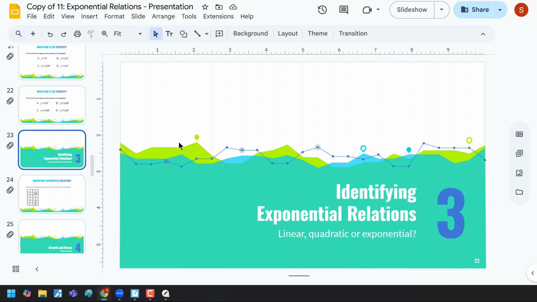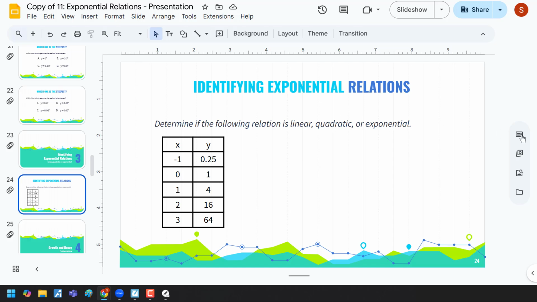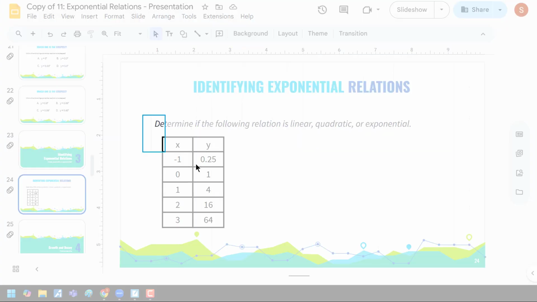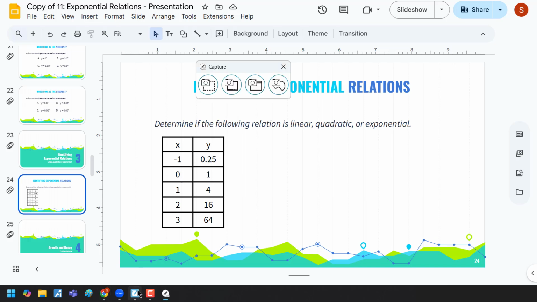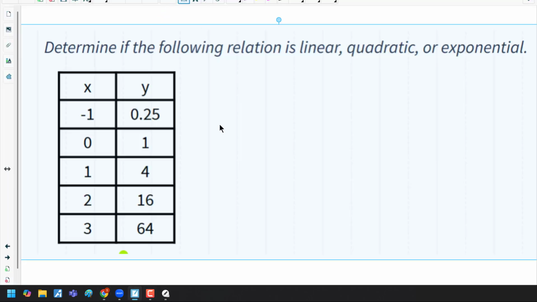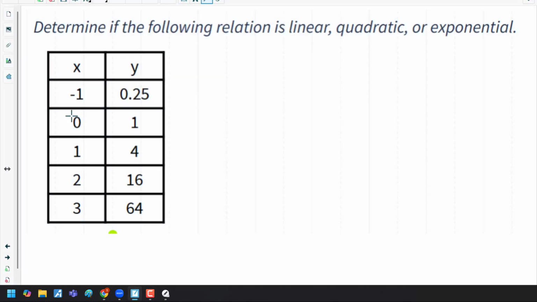Now we're moving on to identifying exponential relations, linear, quadratic, or exponential. What's going on here? How do we figure this out? Same way we did it last time. What do I mean by that? We do the differences. First differences.